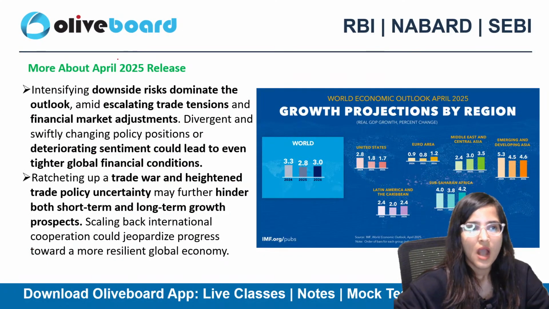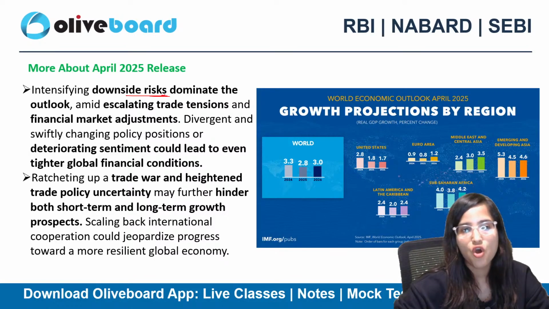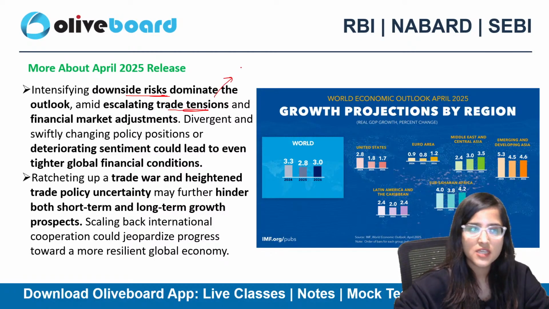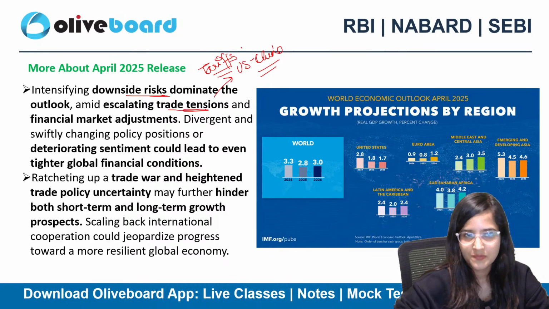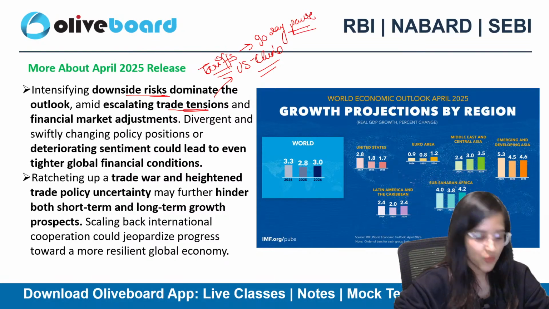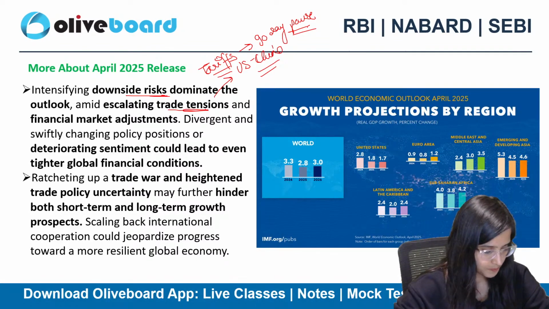Okay. What else has been mentioned here? That there are downside risks because of trade tensions. We have seen the US China trade war. We can see the tariffs that have been levied by the US, though they're at a 90-day pause as of now, but still there is always an uncertainty, right?